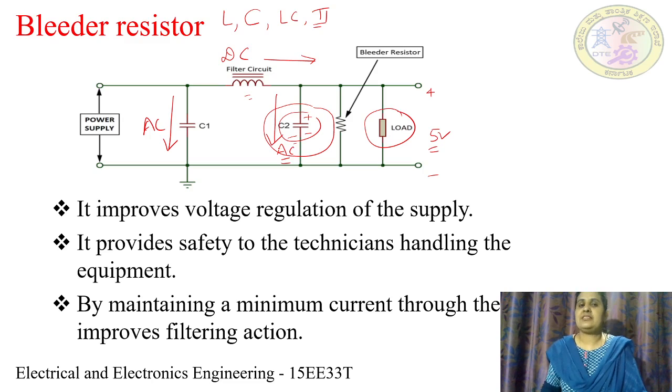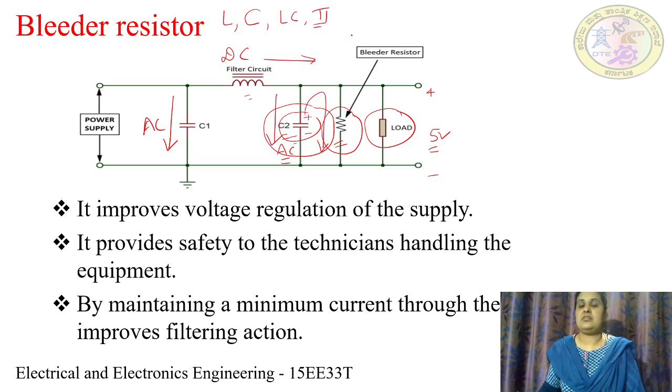Okay, for that sake, we have to provide a path for the discharge of the capacitance. Therefore, we are providing a small resistance in parallel to the capacitor so that whenever the filter is off or whenever the application is off, the capacitor will discharge, or whenever the person has to troubleshoot, he or she will not receive the shock because of the discharging of the capacitor charges as well as the choking effect of the inductor.